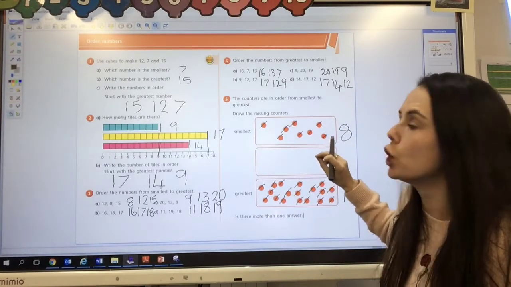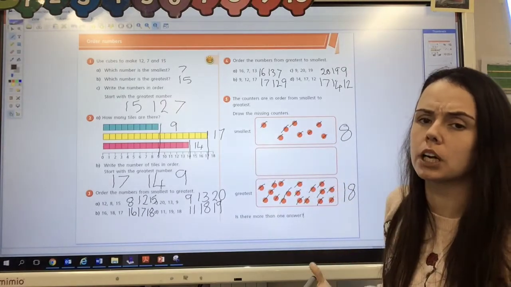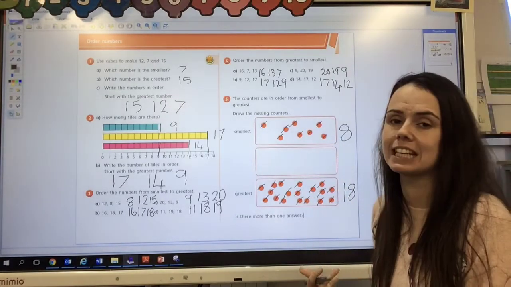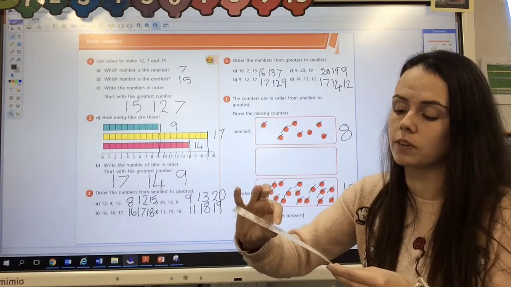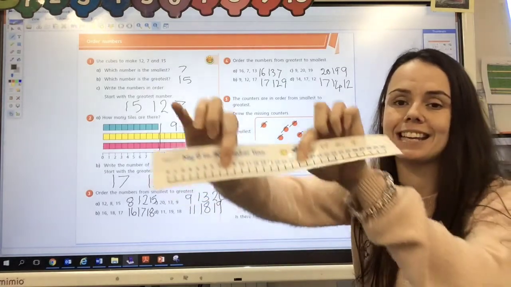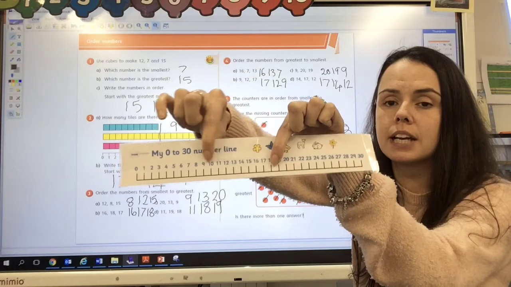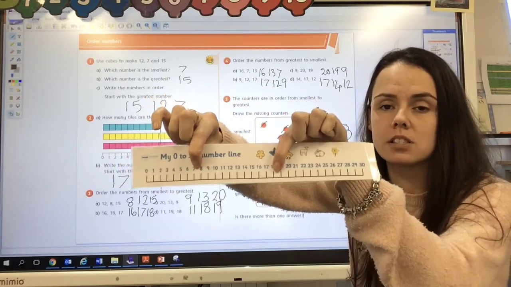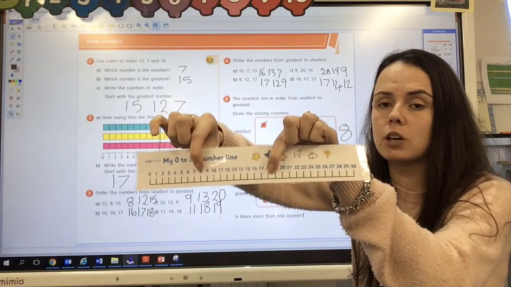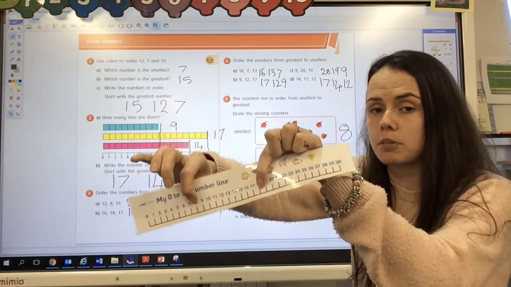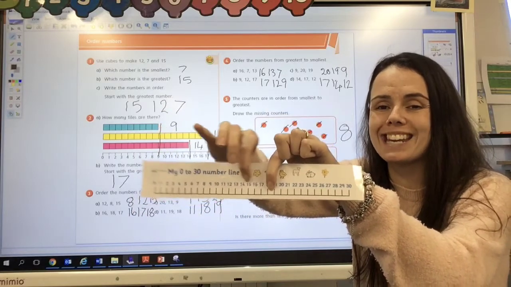And in here, we need a number that's in between those. What number comes between 8 and 18? If I hold up my number line close to the camera so you can see, we've got number 8 and number 18. Now, can you see all these numbers in the middle? These are all of the answers. You can have any one of these as your answers because as long as your smallest number is 8, your biggest number is 18, your middle number could be any of these.